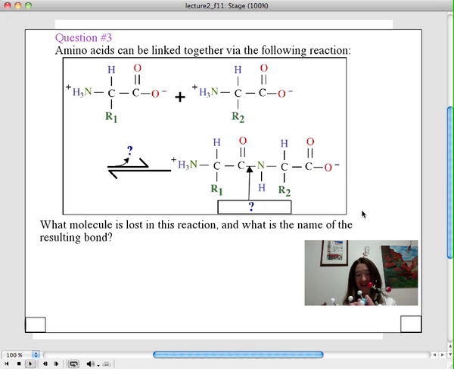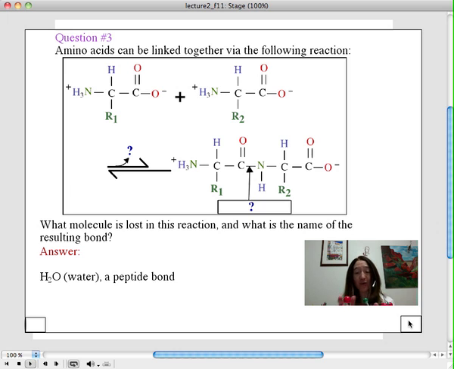So hopefully we'll get everything off of here that we need. Okay, and we form that linkage right there. And hopefully everybody said that this is called a peptide bond, and that the molecule lost is actually water.